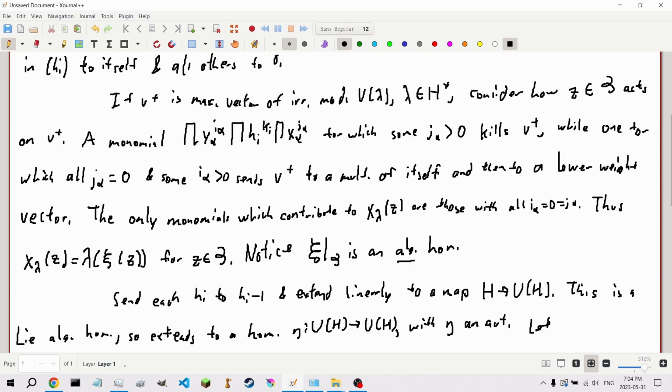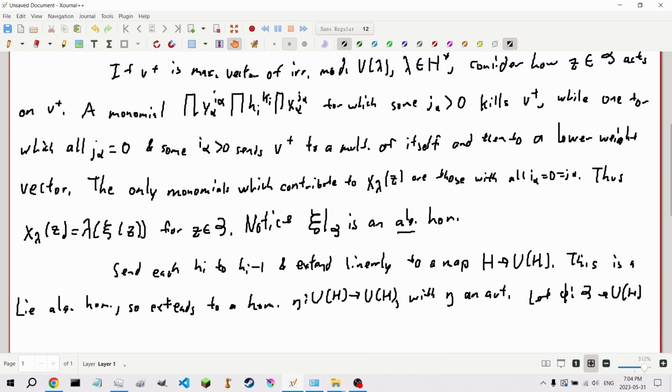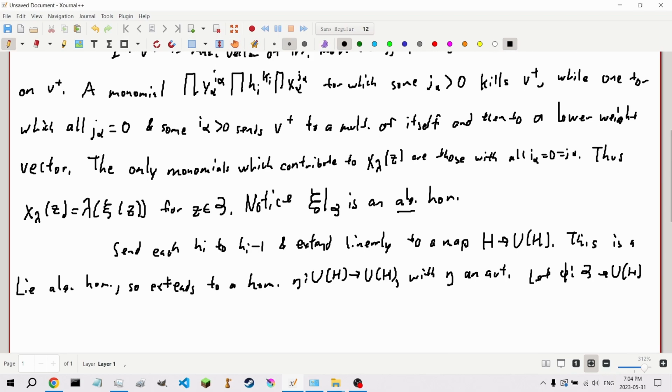Now, let psi from this thing to the universal algebra of H be the composite homomorphism of eta composed with the restriction of xi to whatever this letter is supposed to be.